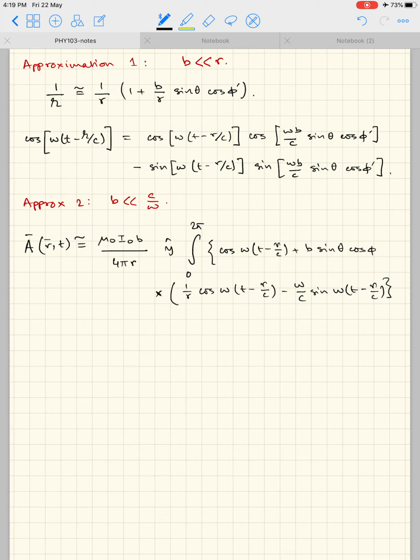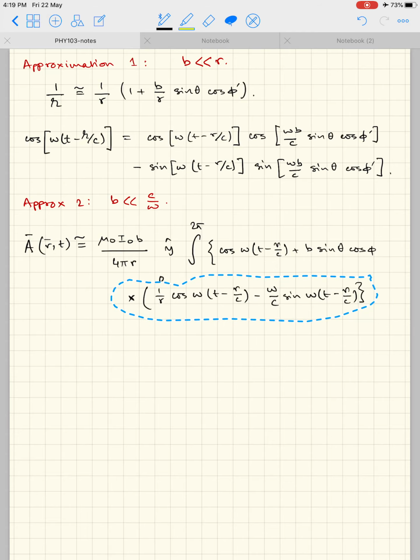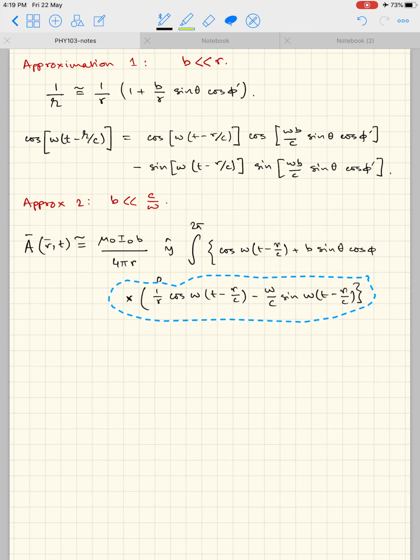This whole multiplied by, so I don't have space, so let me move this around a little bit. Okay, so this is times cos phi primed d phi primed.